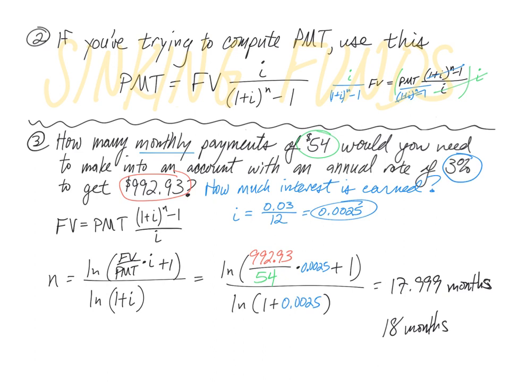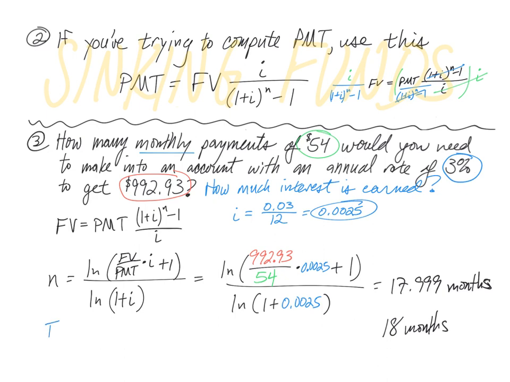So how much interest would have been earned along the way? I've already done an example similar to this. To find the interest, we would take the future value and subtract the payment times n, the number of months that we actually paid into the account. Let me write that out here. That would look like this.